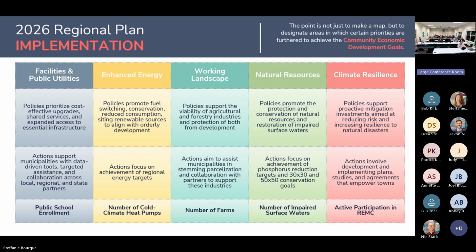Our actions focus on achievement of phosphorus reduction targets and the 30 by 30 and 50 by 50 state conservation goals. Our indicator there is the number of impaired waterways. And then finally, with climate resilience, we have policies that support proactive mitigation investments aimed at reducing risk and increasing resilience to natural disasters. The actions involve developing and implementing plans, studies, and agreements that empower towns. And then our indicator there is active participation in the Regional Emergency Management Committee.